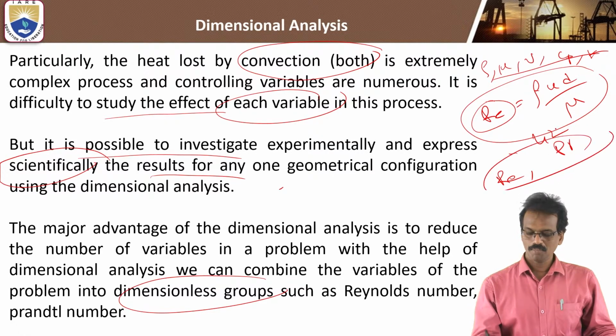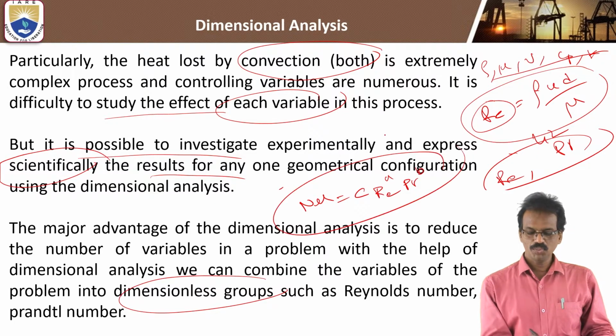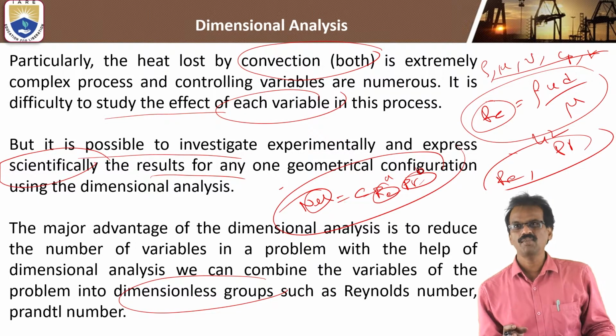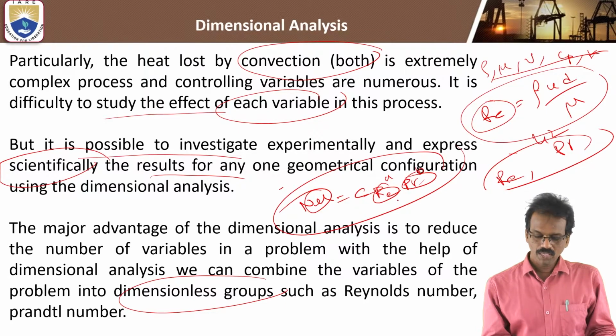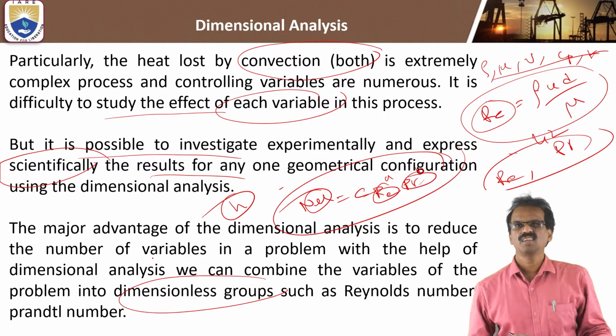You already saw in previous classes, Nusselt number is equal to C into Re to the power of a and Pr to the power of b. By using the Reynolds value, Prandtl value and Nusselt value, we can find the rate of heat transfer of the fluid.